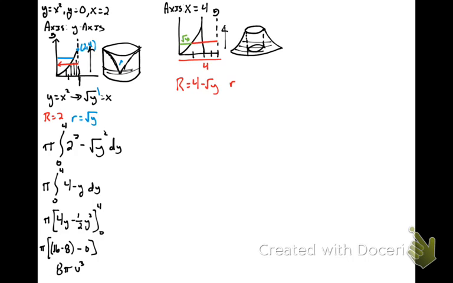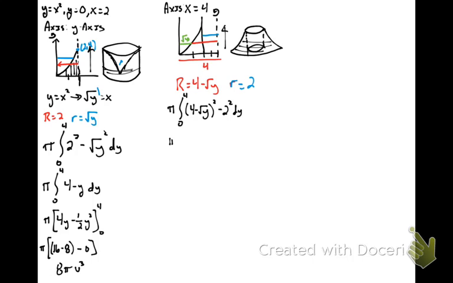Little r, which I'll do in blue, is the distance from here to there, which is just 2. So we've identified our big radius and our little radius. When we integrate, we'll be integrating from 0 to 4 of 4 minus the square root of y squared minus 2 squared dy.